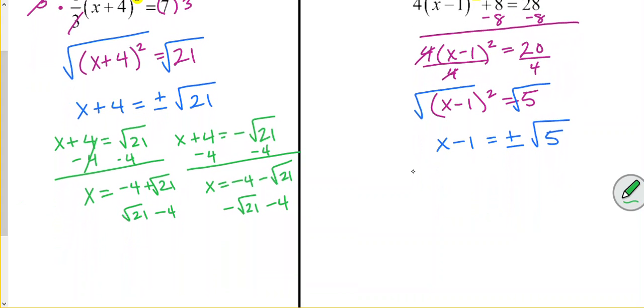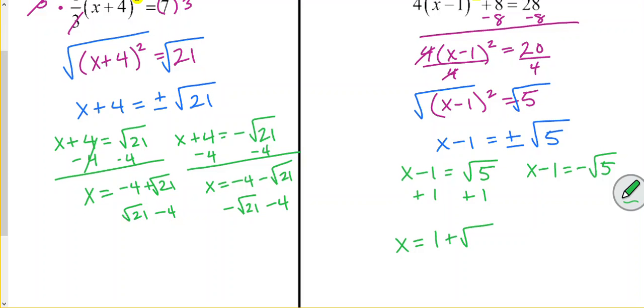Now we set up our two problems. So x minus 1 equals positive square root of 5, and x minus 1 equals negative square root of 5. We add the 1, we get x to equal 1 plus the square root of 5, or again, you could write it as square root of 5 plus 1.